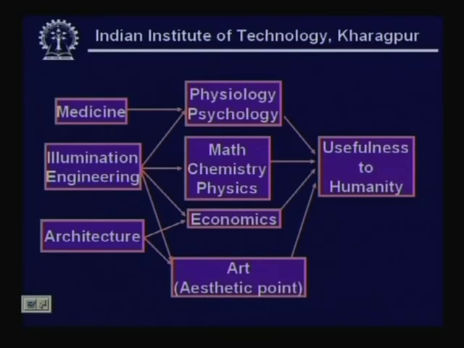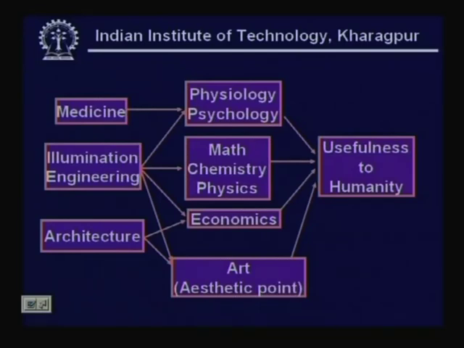Therefore, psychology and physiology play a lot of role. But at the same time, like any engineering science, it needs all the inputs of exact sciences of mathematics, chemistry, physics and economics, because optimized usage of resources has to be maintained to be able to get the illumination.